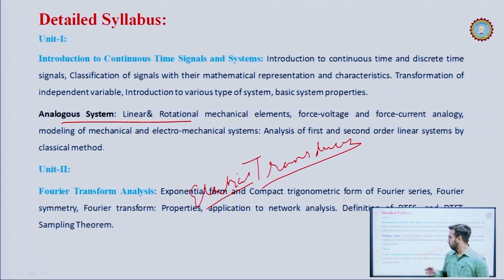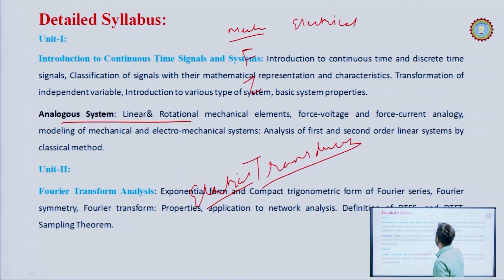Similarly, in an analogous system, we take a mechanical system and convert it into an analogous electrical system. For example, in a mechanical system we have force, torque, displacement, and velocity.